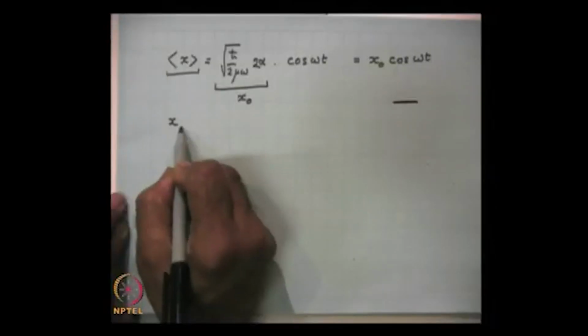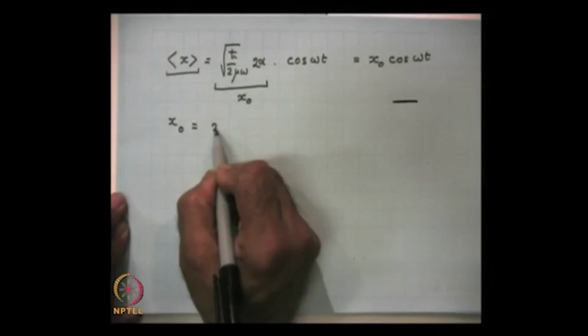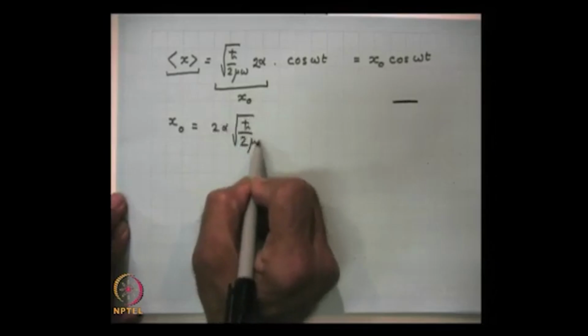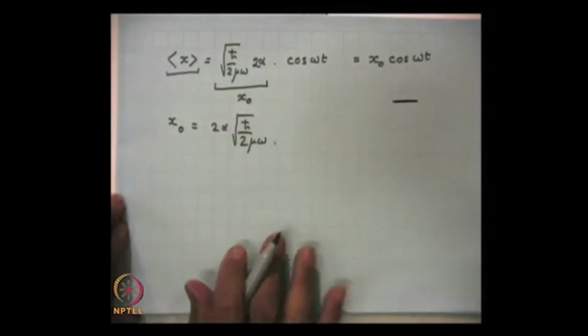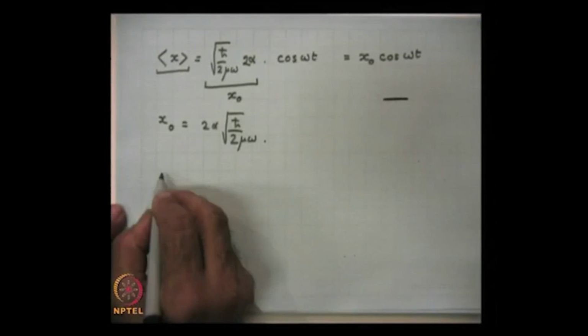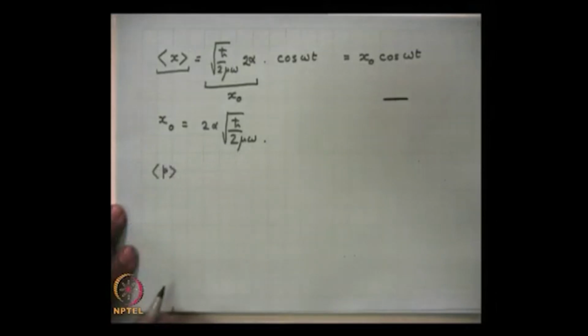So, you have x naught is equal to 2 alpha under root of h cross by 2 mu omega. Now, before I conclude this lecture, let me mention that similarly I can find out the expectation value of p.